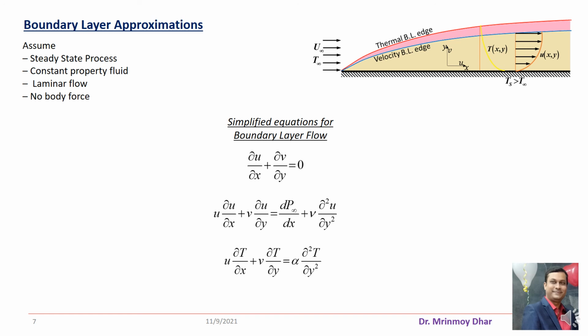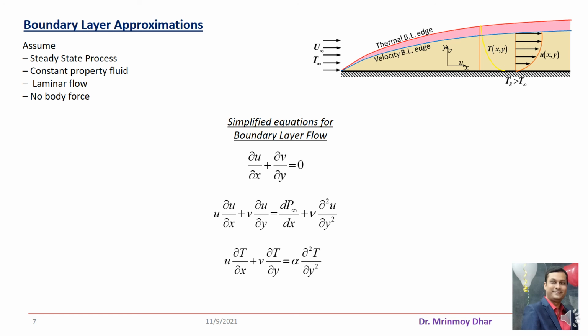In the x momentum equation, the nu del 2 u del x2 term from the right hand side has been cancelled out, so the middle equation looks like this. In the energy equation, the alpha del 2T del x2 term has been cancelled out, so the energy equation, the bottom equation in this slide, looks like this. So these are the simplified boundary layer equations.